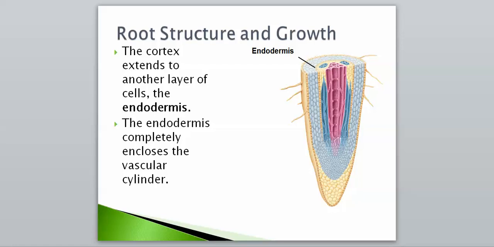And the cortex extends to another layer of cells, the endodermis, and the endodermis completely encloses the vascular cylinder. So if you look at your picture, it's almost like the same type of cells that are found in our epidermis, but we know the term endo means inside, and you can see it's just in the inside layer there. So the endodermis is like an epidermis on the inside, and it surrounds our vascular cylinder.